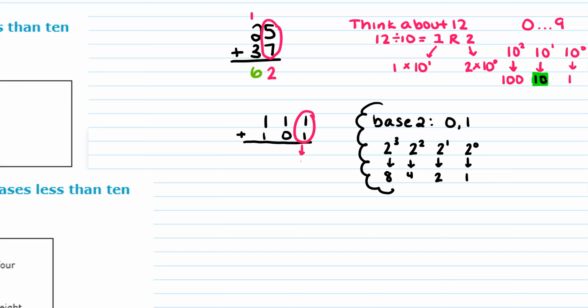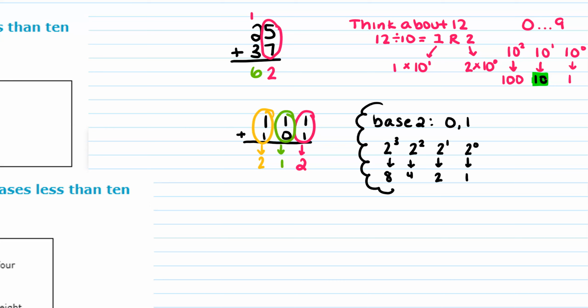That makes 2. 1 plus 0, that makes 1. And 1 plus 1, that makes 2. And if we were operating in base 10, we would be done. But this is in base 2, which means the digit 2 is unacceptable. We don't know what that means. We only know what zeros and ones mean.